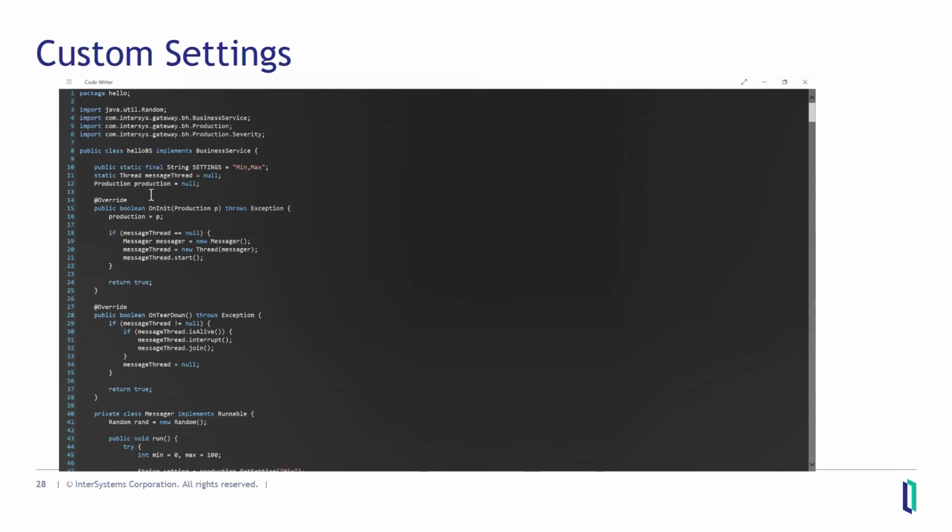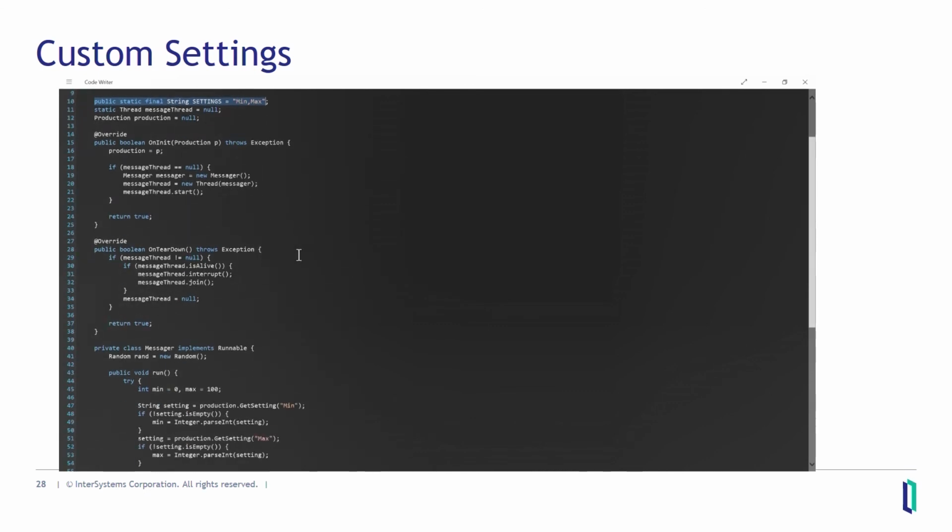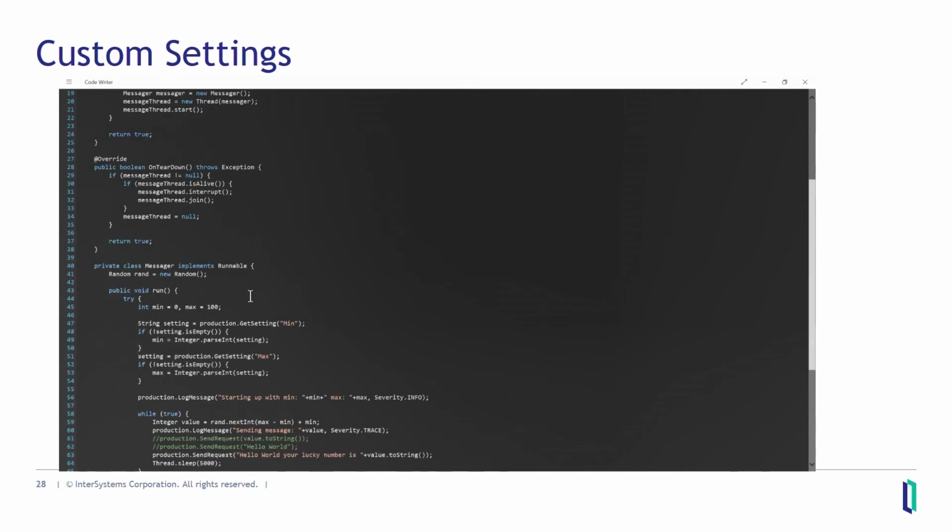So down here, yeah, there's the settings. That's where those were set to show up in the service. And in here, you can see that 0 to 100 is the default, and then it evaluates if you have a value in those. So it's actually receiving that information back out of the data platform.